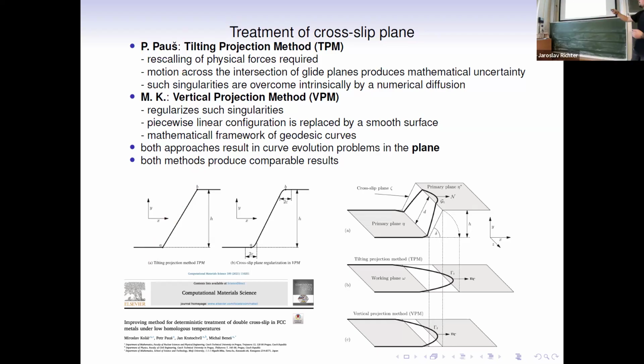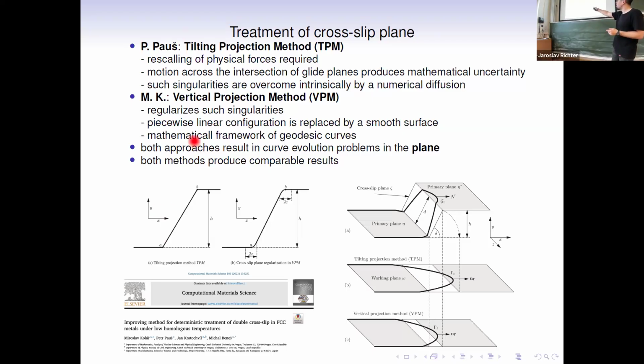It is pretty easy to rescale all the physical cross slip. However, here at point A and here at point B, it is actually not so clear what happens in the equation because there are some possible singularities. So it is unclear how it behaves, even if computationally it is very nice.